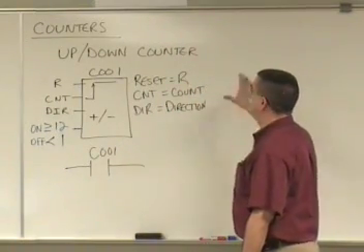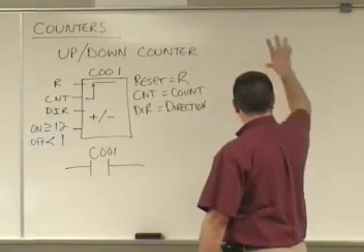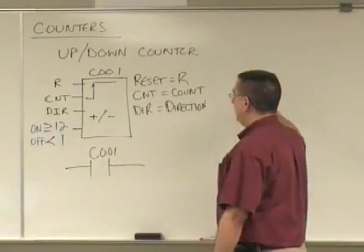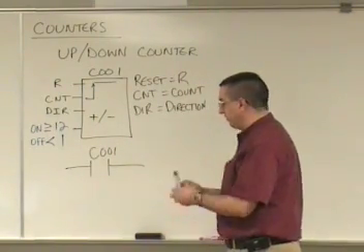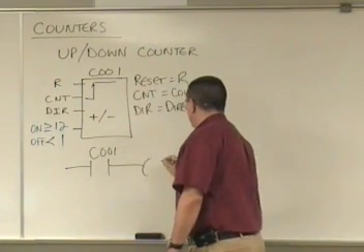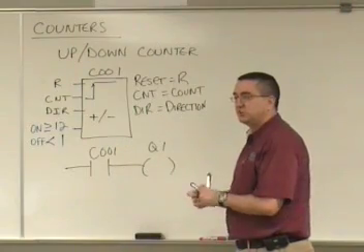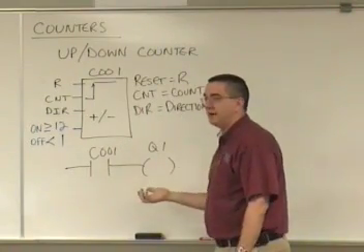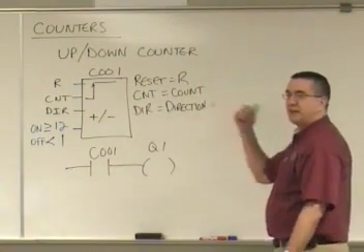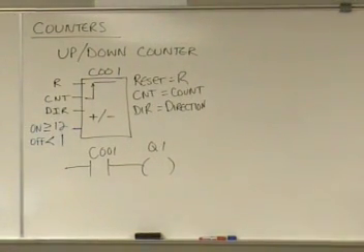The way I like to do the counters is I like to talk about the bits over here and then look at an output. So when we look at the output, we're going to put Q1, okay? The C001 bit is going to energize Q1, is what we're going to look at. I'll do a little diagram over on this side of the screen.